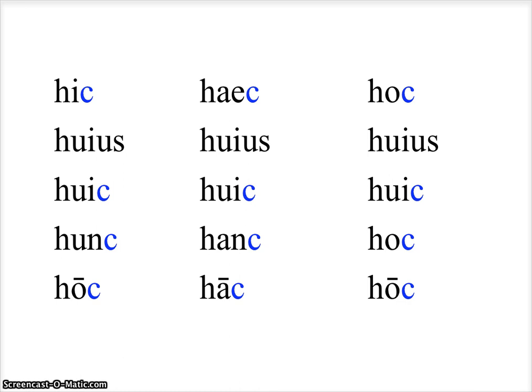And so instead of hum-c, we have hunc. Instead of ham-c, we have hanc. And notice in the ablatives, hoc, hac. So those endings look normal with the addition of a C.